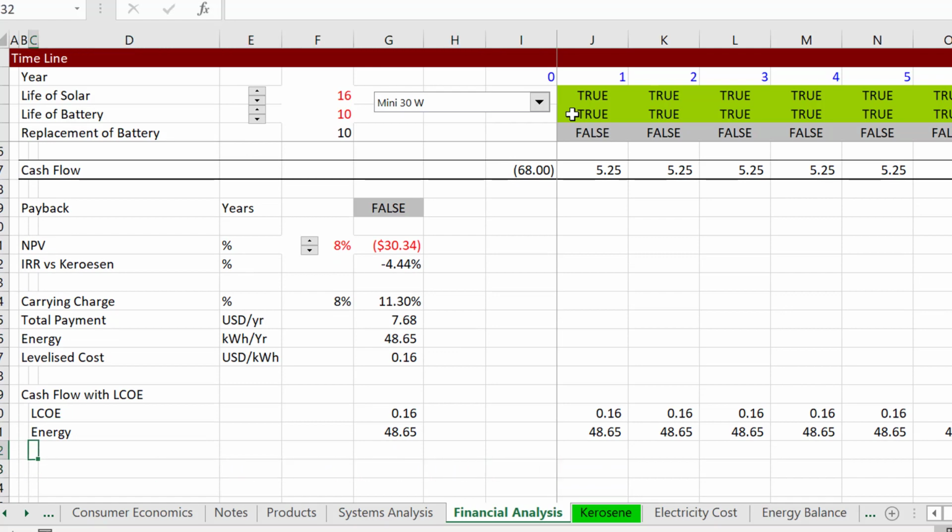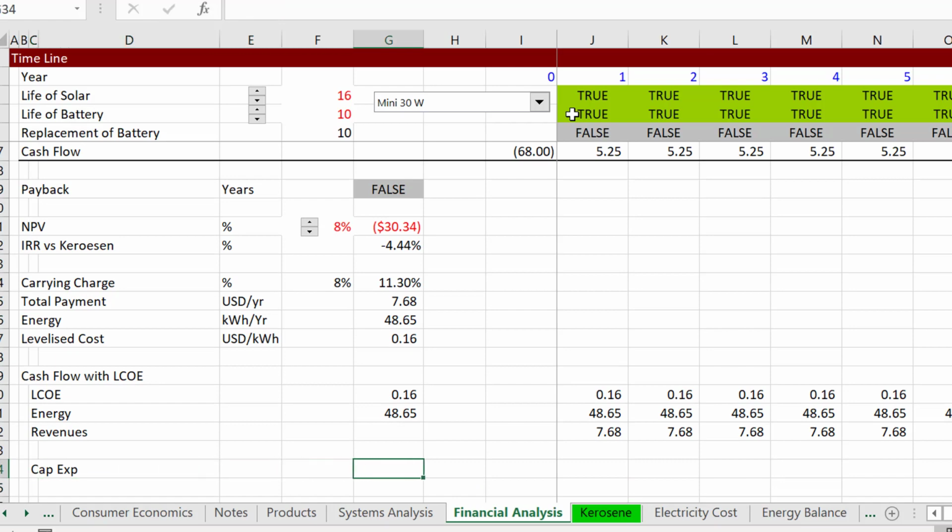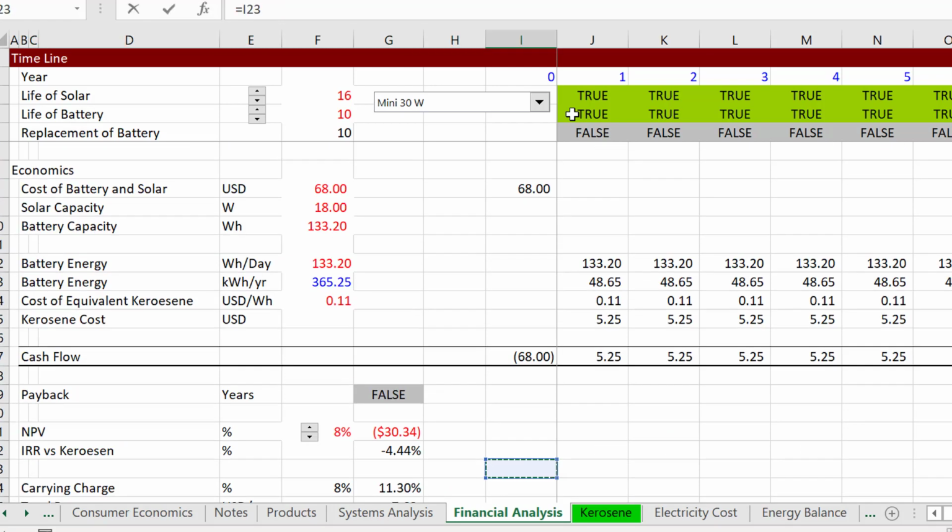And then we get the revenues, and we multiply our LCOE by the energy. Shift Control C, Shift Control R, and it's totally level. Then I put in the CapEx up here, which was just this number.